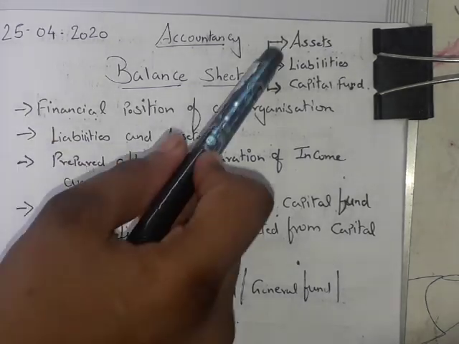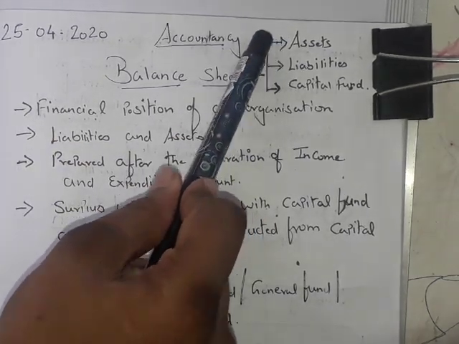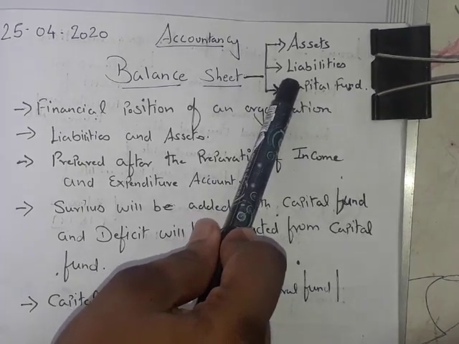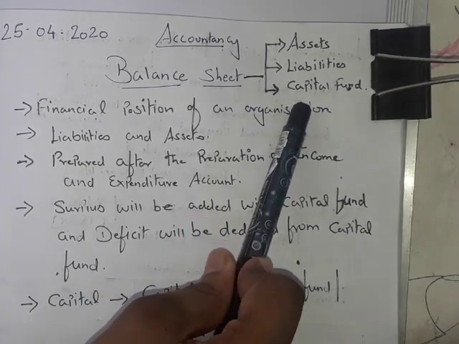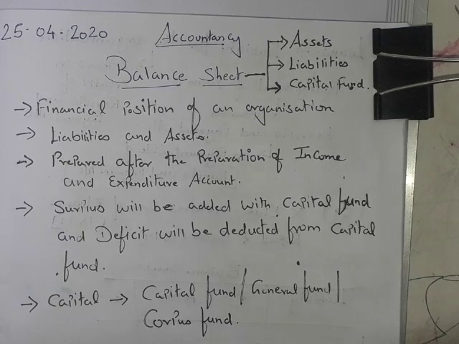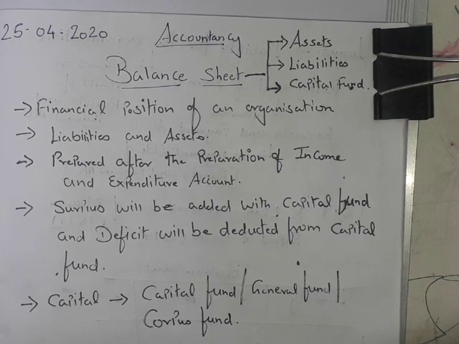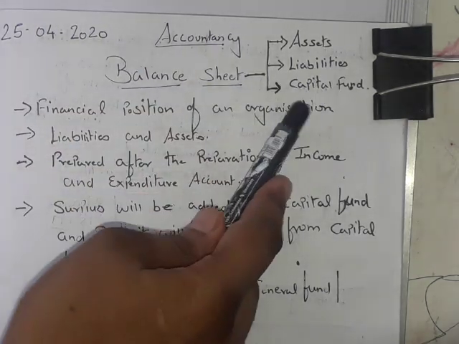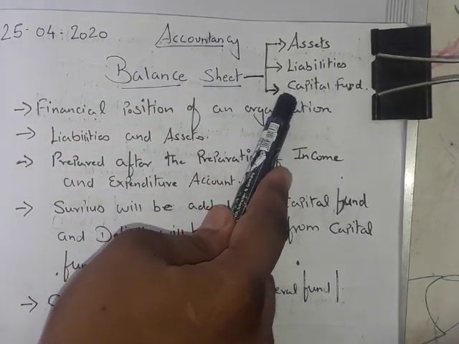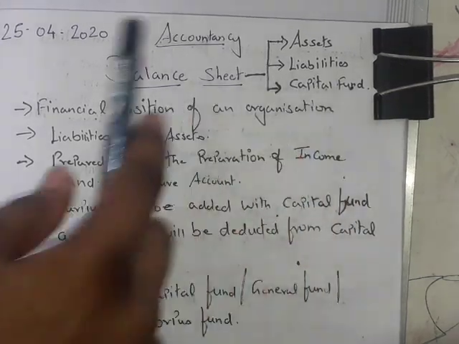They are assets, liabilities, and capital.